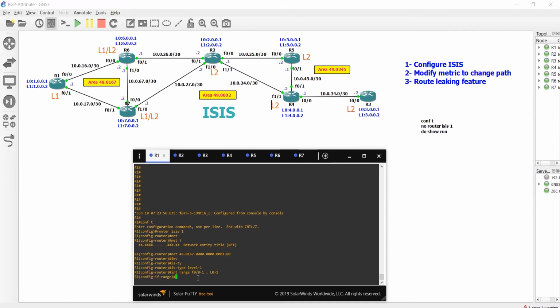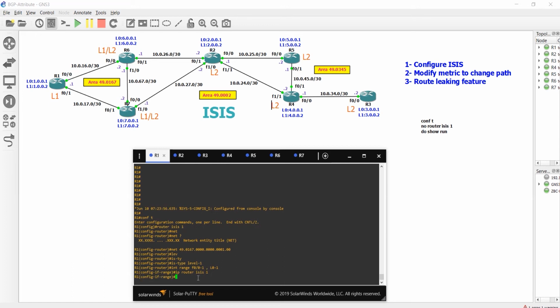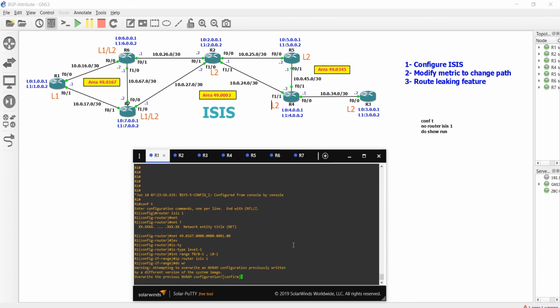And you should enable the ISIS protocol under the interface: ip router isis 1. This is very important. You should write number 1. If you don't write any number here, it's saved as number 0, and it is another router ISIS. It's very important. Okay, guys?